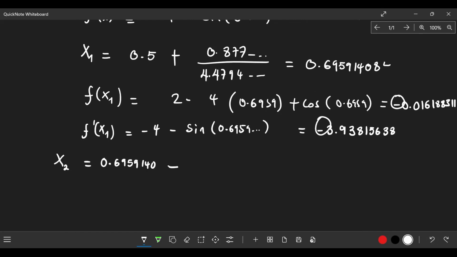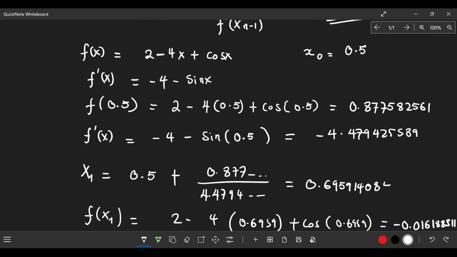So the main negative is to maintain, since these two are already negative. Then 618.8311 divided by 3.938. So put everything here and give me the new value.